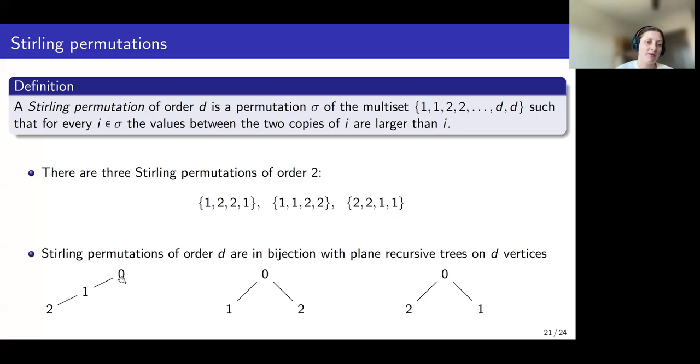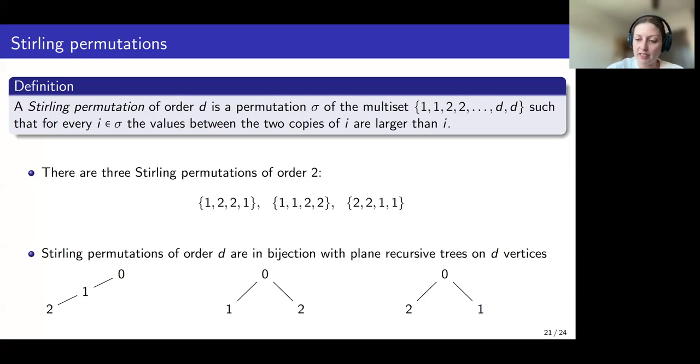So here I go from 0 to 1 to 2. Here I go from 0 to 1 or 0 to 2. Here 0 to 2 or 0 to 1. So these are the only plane recursive trees on two vertices. And okay, yeah, so they're going to be in bijection with these Stirling permutations of order 2. Okay.